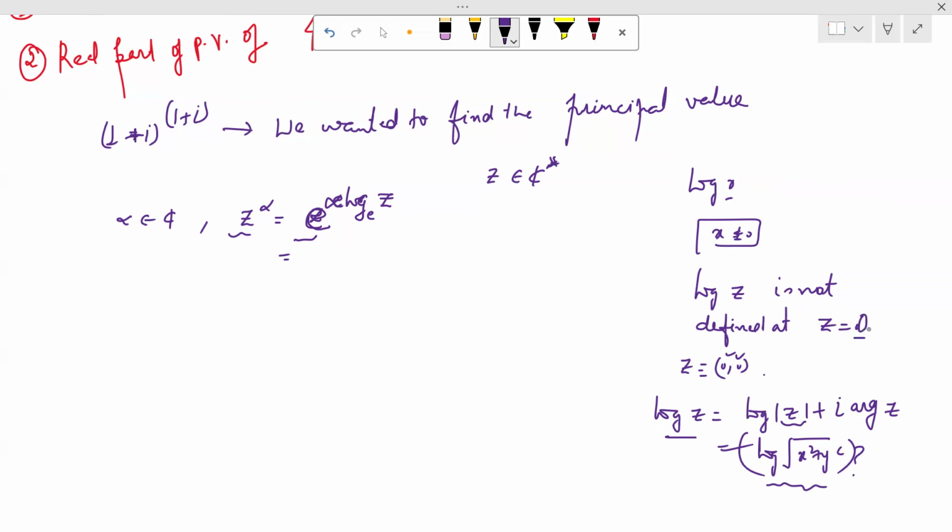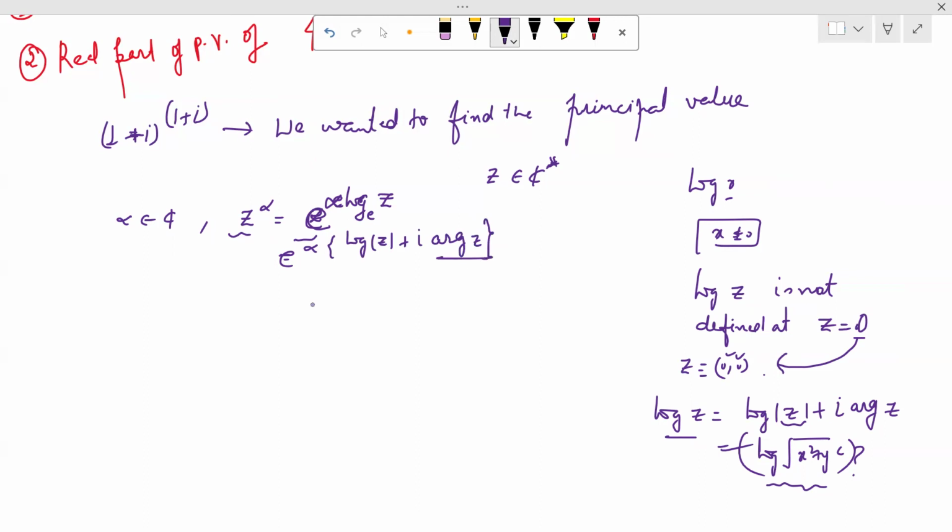Please do remember, this is not a single zero; it is an ordered pair here. So z raised to power alpha is equal to e raised to power alpha log z. Then you can write this log as log mod z plus iota times argument of z, and then you can play with things.